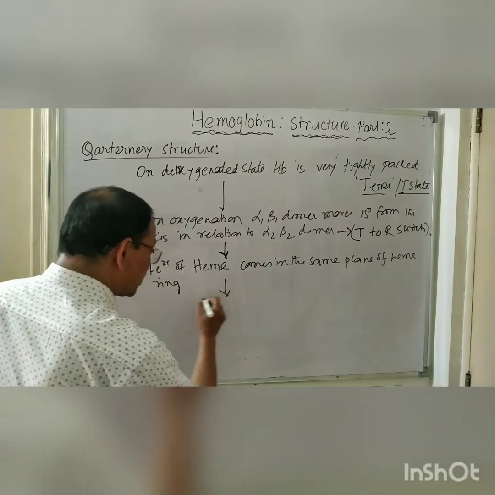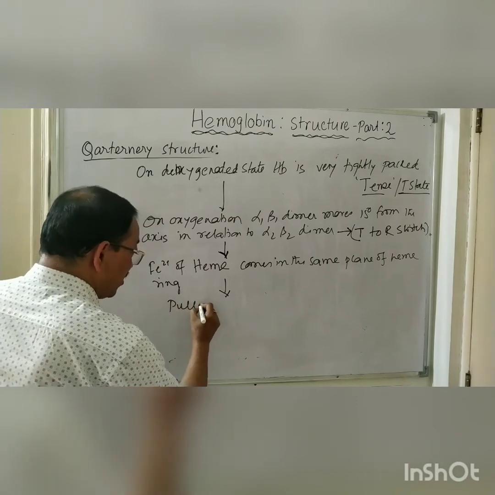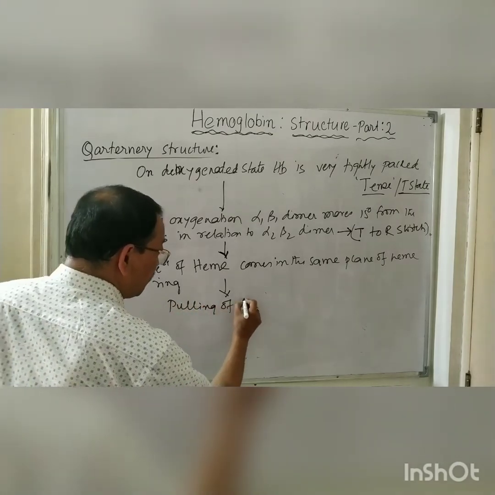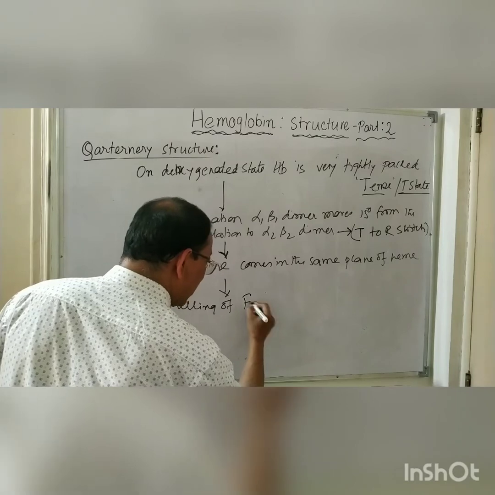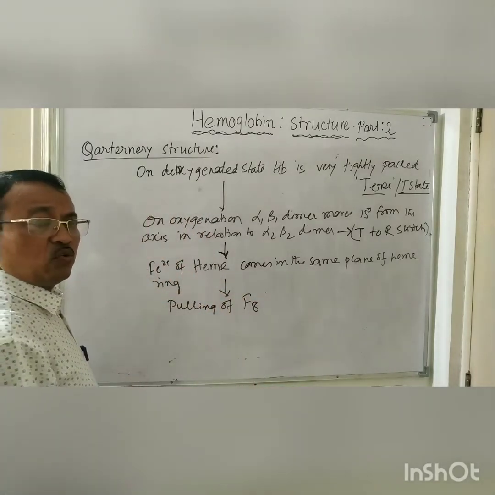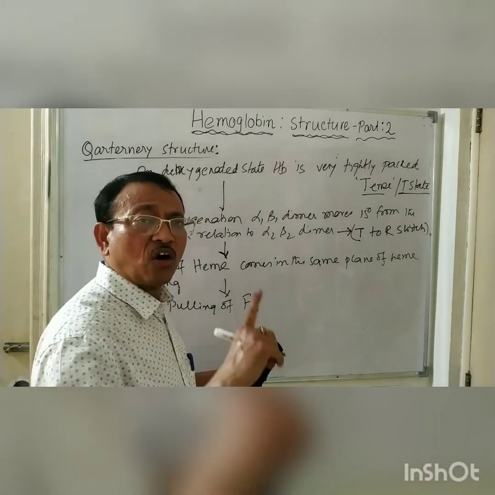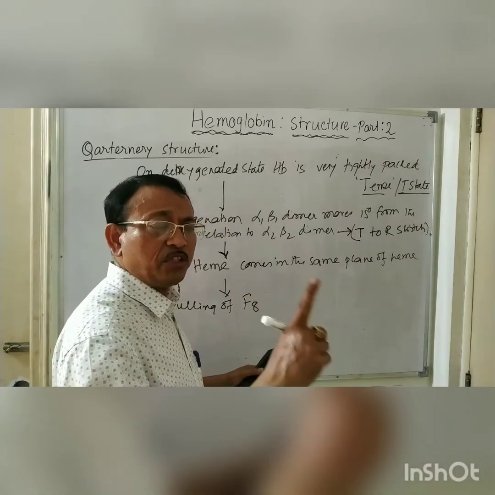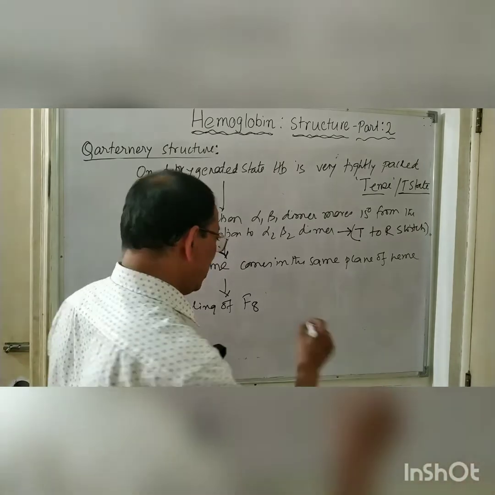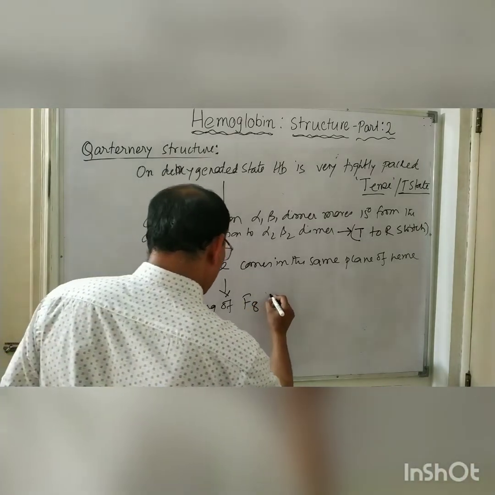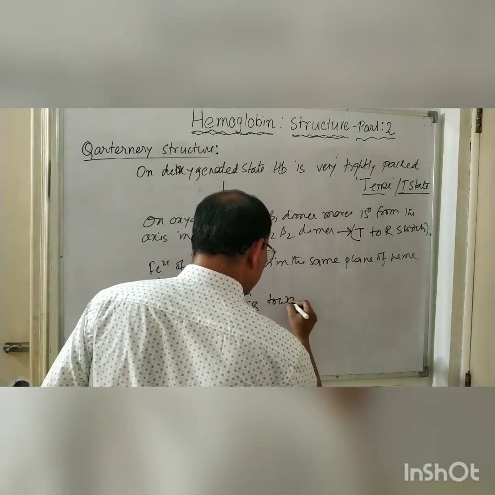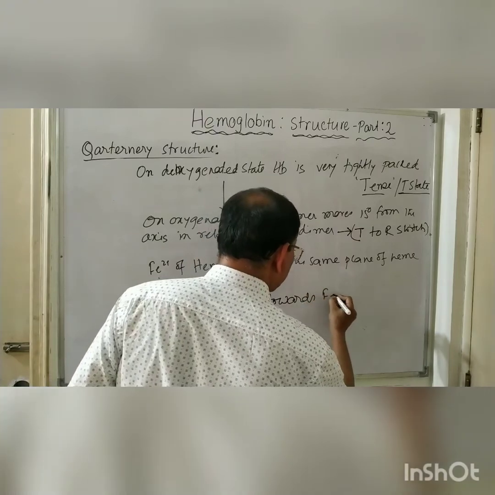This results in pulling of the proximal histidine residue of the globin chain, alpha 1, beta 1 or alpha 2, beta 2. This will be pulled towards the ferrous ion.